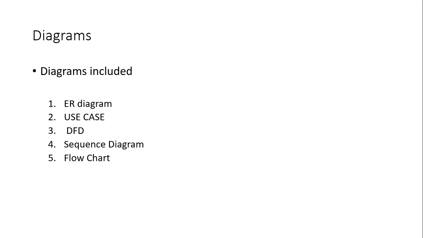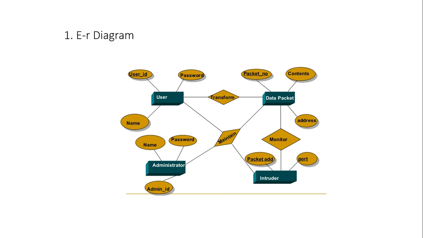Diagrams: entity relationship, use case, data flow, sequence, and flowchart. For entities: administrator, intruder, data package, users. The administrator has a name, password, and admin ID. The intruder has a packet address, monitor, and port.